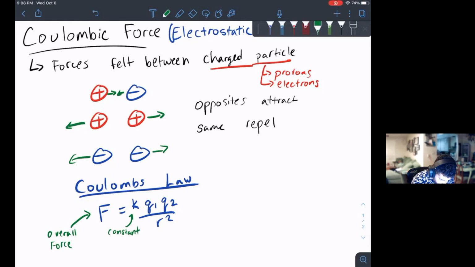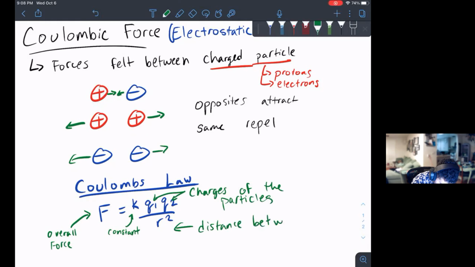It's not judged by variables. It just is 3.14, etc. Then we have Q1 and Q2, and these are the charges of the particles. And then last we have R squared, which R is the distance between particles.